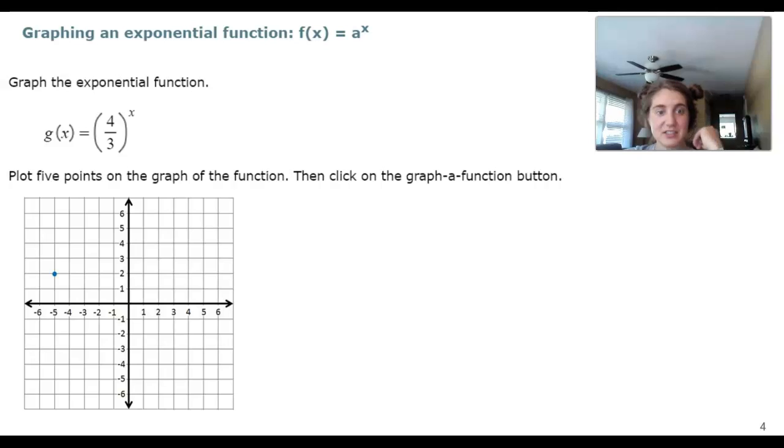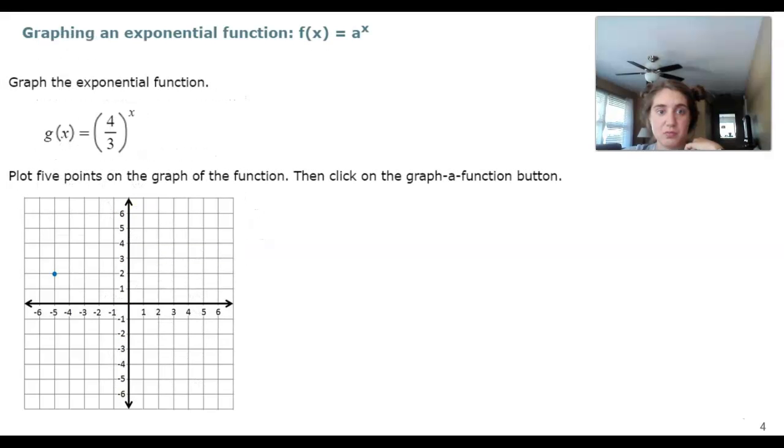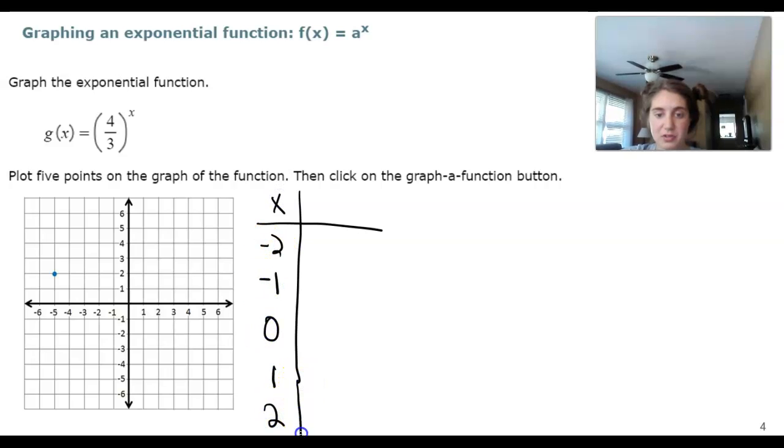This is asking us to graph it using 5 points. I'm going to do -2, -1, 0, 1, 2.